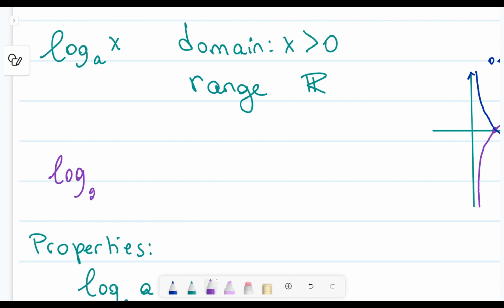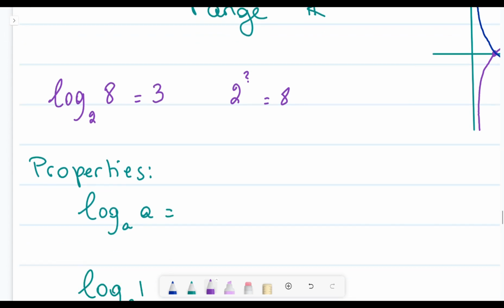So log base 2 of 8. The answer is 3. Why is that? We put the base first. We say 2 to the power of what is 8? And we know that 2 to the power of 3 is 8. So the answer to log base 2 of 8 is 3.